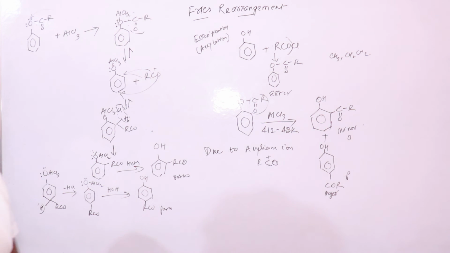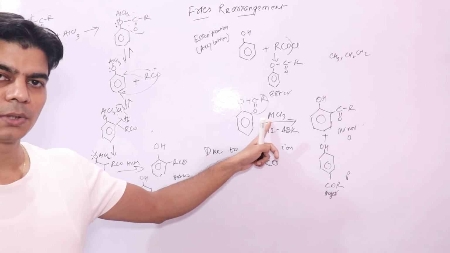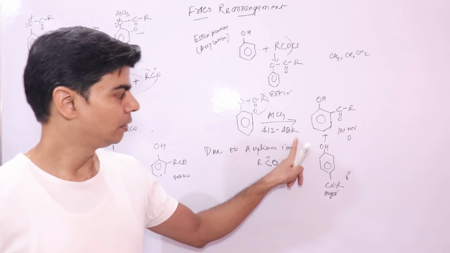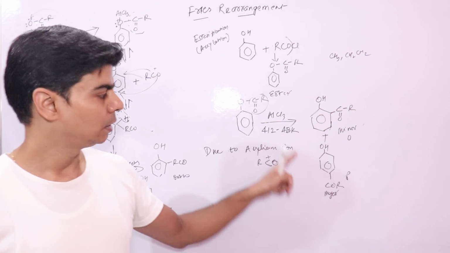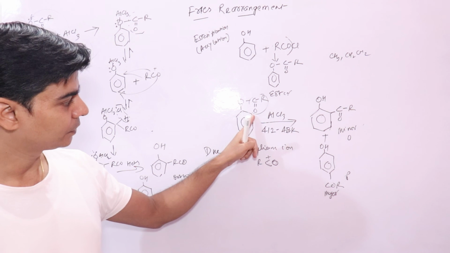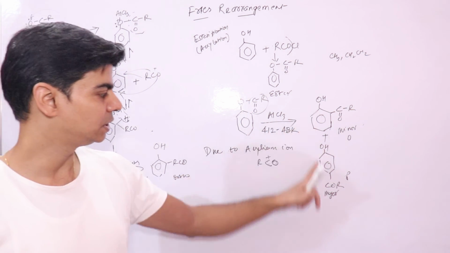I repeat, this is an ester of phenol, which in the presence of aluminium chloride and at a temperature of 412 to 423 kelvins will undergo rearrangement to form ortho and para products. The acyl group will migrate to the ortho position and the para position to form these two products.